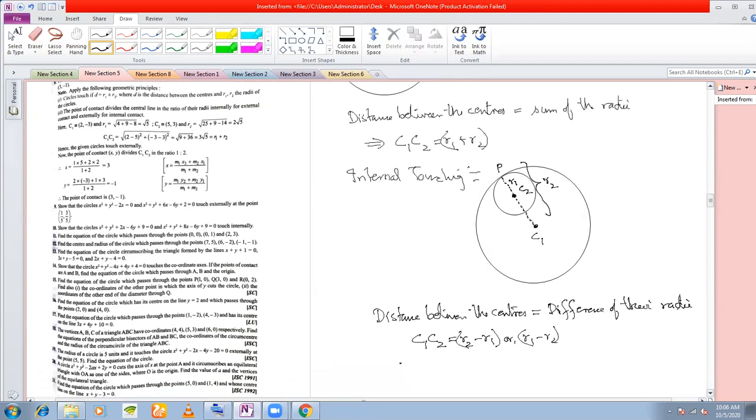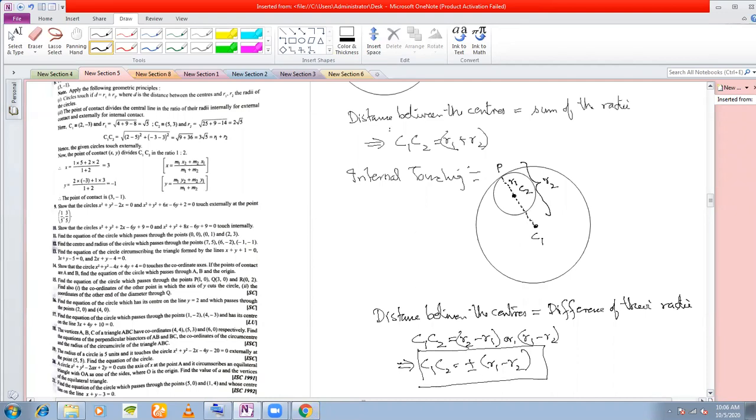Remember this, okay? C1, C2 must be equal to plus or minus (R1 minus R2). Now it depends which one you are taking as R1 and which as R2. If you take R2 greater than R1, then it will be R2 minus R1. If you take R1 greater than R2, then it will be R1 minus R2. So combining both, you can write it in this manner.